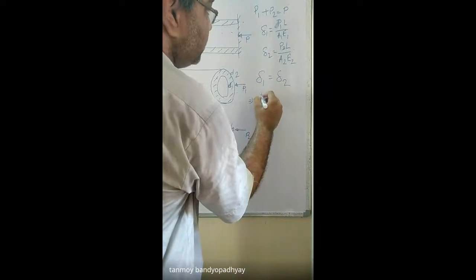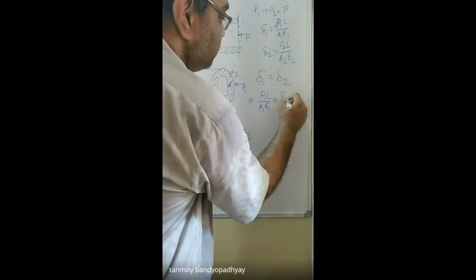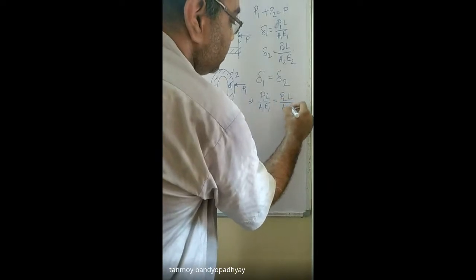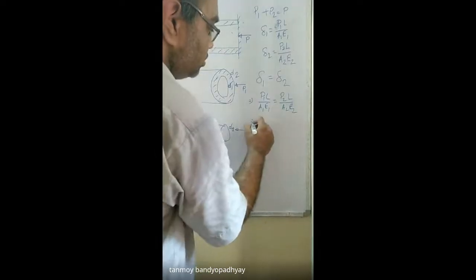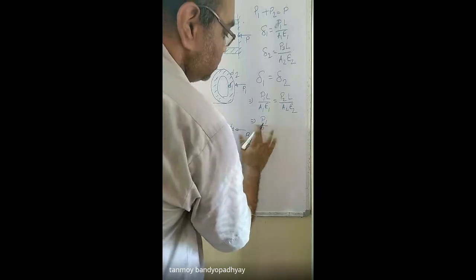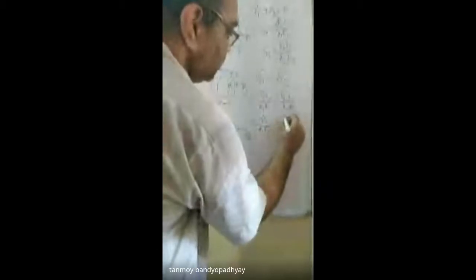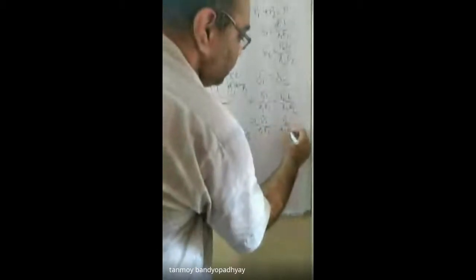So P1 L divided by A1 E1 equals P2 L divided by A2 E2. You can get a relation between P1 and P2: P1 divided by A1 E1 equals P2 divided by A2 E2. So we now have two relations and we can solve.